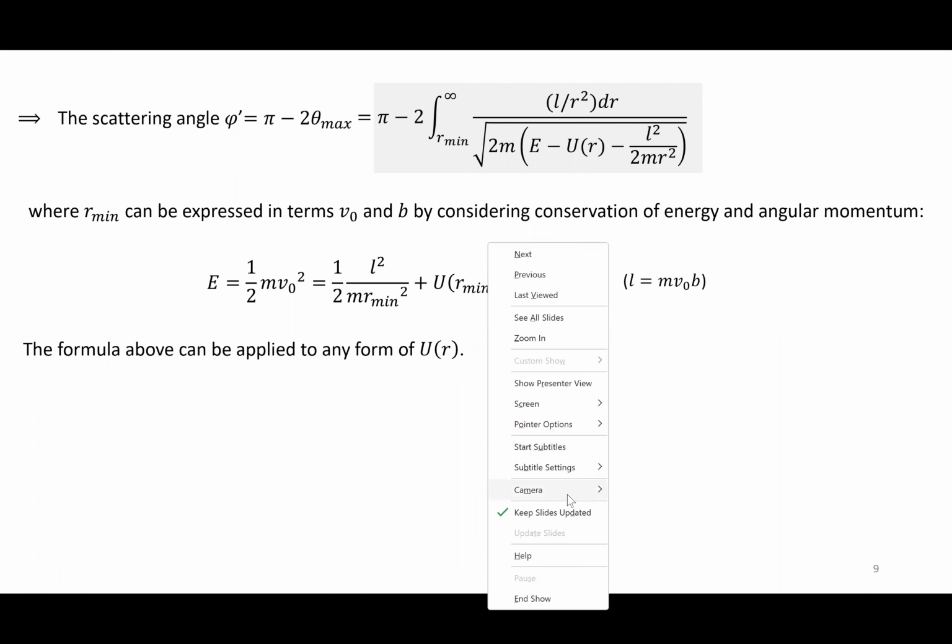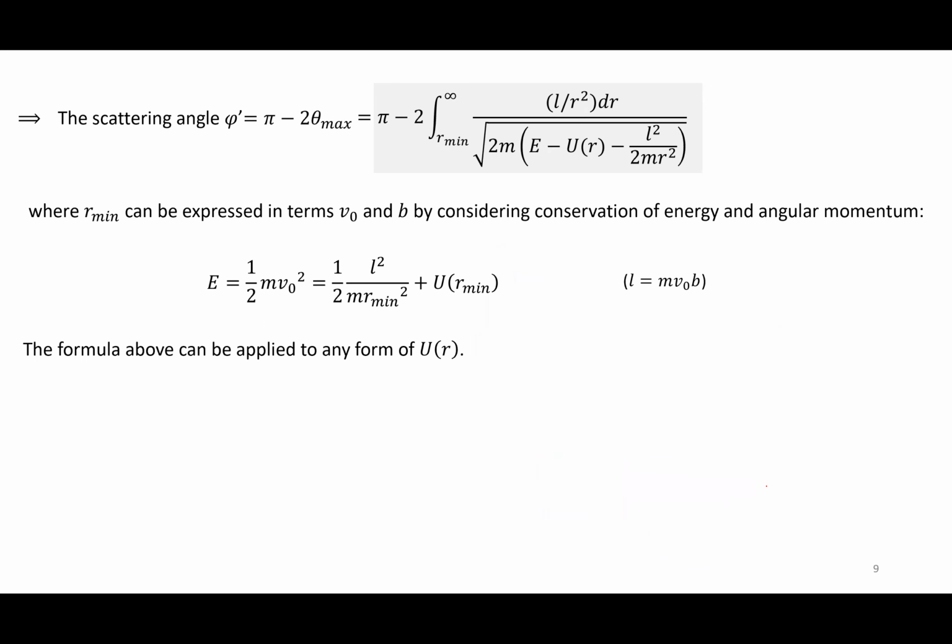At the closest point, the kinetic energy term with r dot is 0 because r dot is 0. From this relation, it might be complicated, but in principle you could find r min.